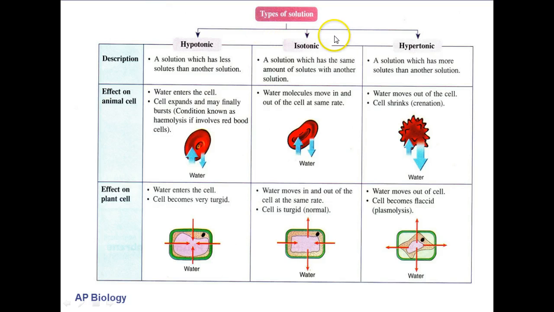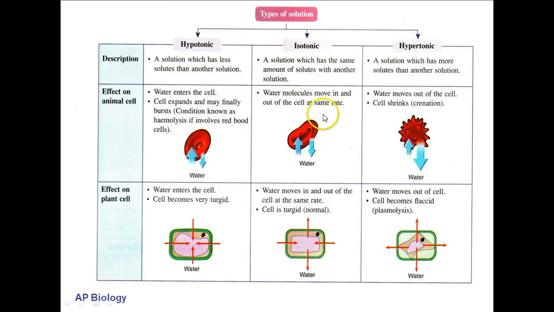Now, I think you can predict what will happen in an isotonic solution. So in an isotonic solution, this is what you strive for, by the way, what your body strives for, the cell sits in an environment where there's an equal amount of solutes on the outside and on the inside. So if the cell is sitting in an isotonic solution, water moves in and out at the same rate.